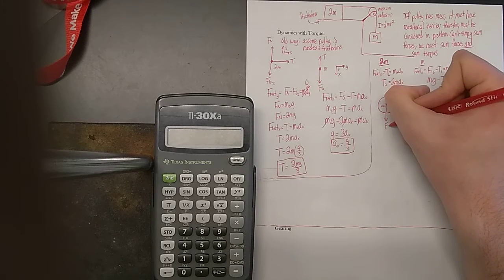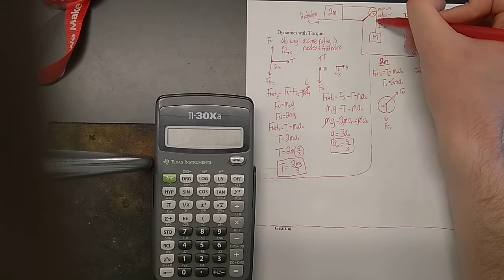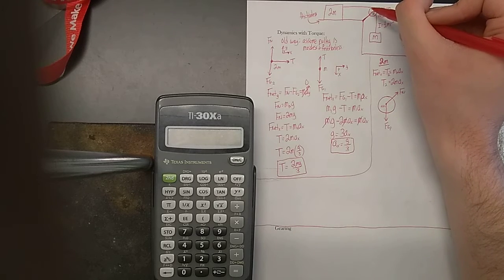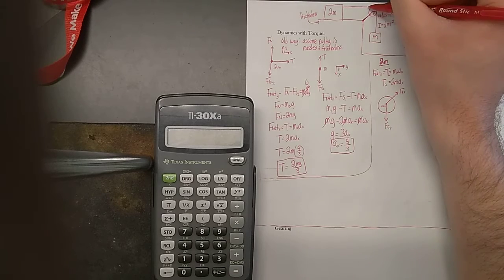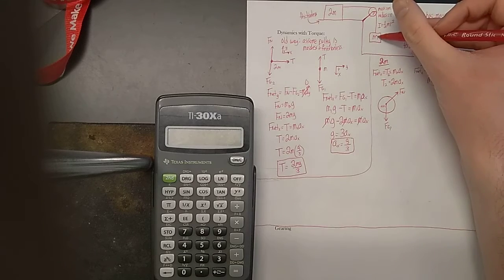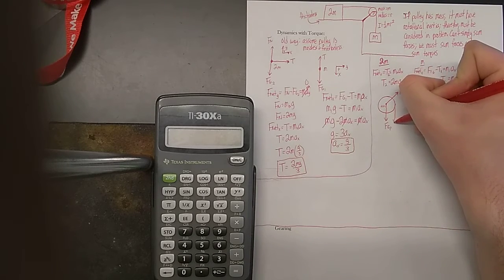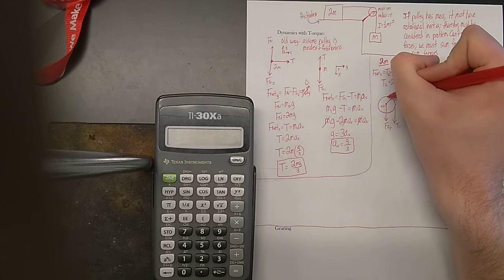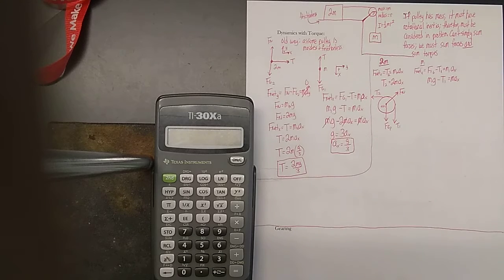I'll do FGP for force of gravity on the pulley. And the strings that cause the tension are coming off of the right-hand side of the pulley and the top of the pulley. So this one down here is the tension on M. I said that was T1. So we're going to call this T1. And we're going to call this over here T2.